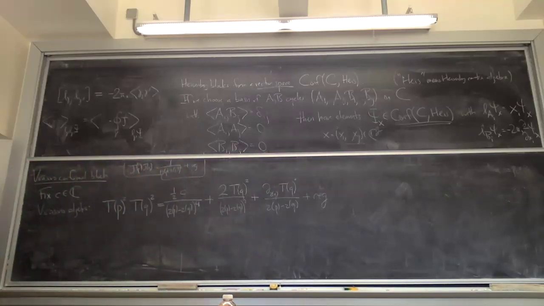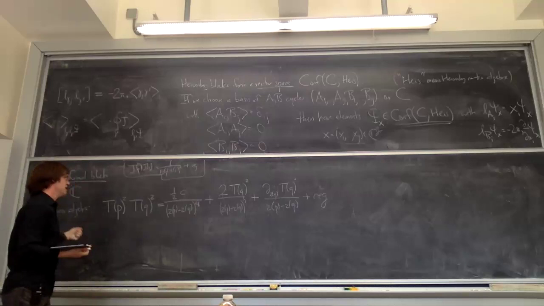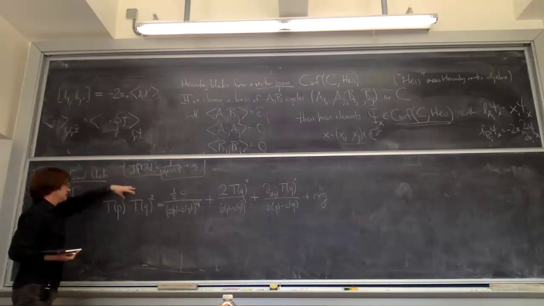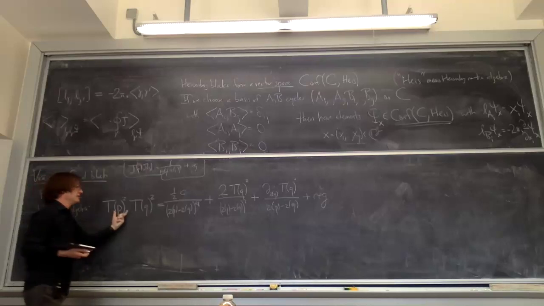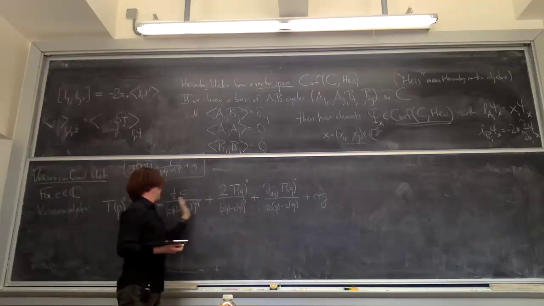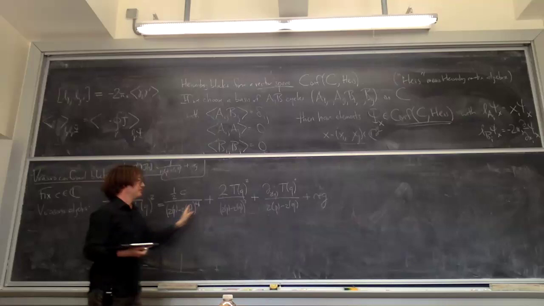I'm going to consider conformal blocks where everything is written exactly like before, except that now the condition along the diagonal is that the poles are of this form, a fourth order pole plus less.